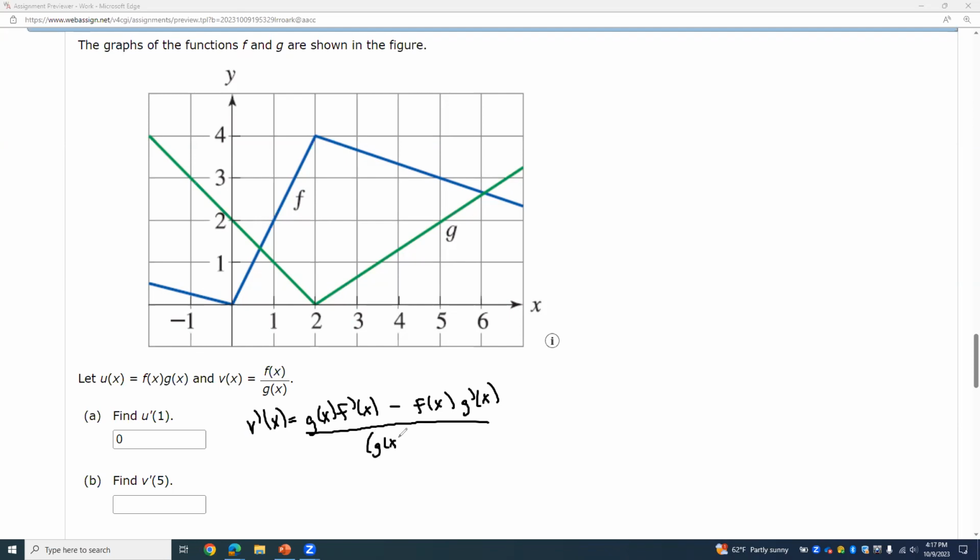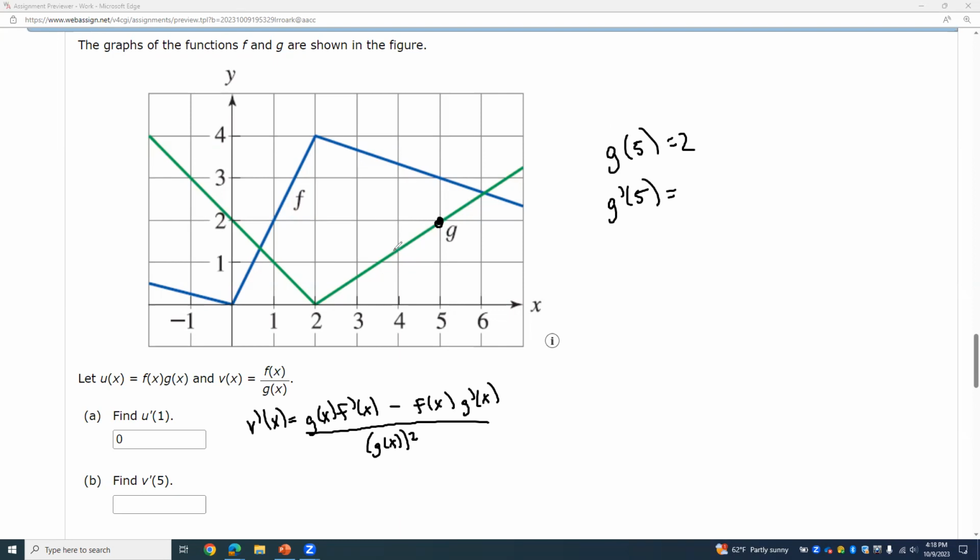Okay, so let's go ahead and find the values that we need. Same vibes as before. Let's focus on g first, just because g comes first in my formula here. g of 5 is 2. Great. What is the derivative at g of 5? Well, it's a line, and I could find the slope of this line if I focus on some good points that it goes between.